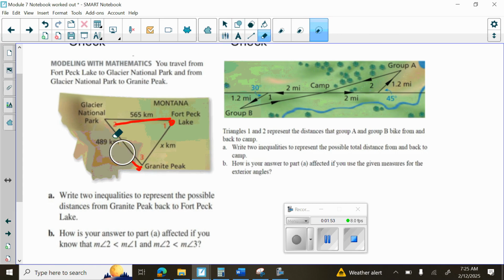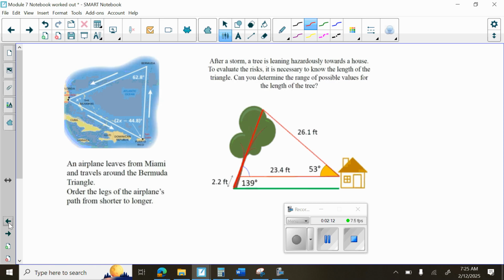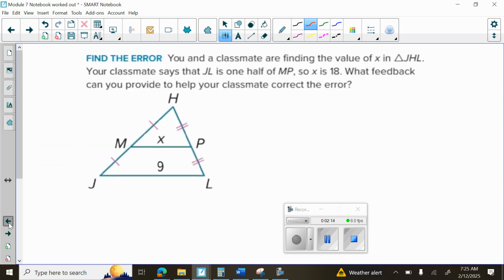Does anyone remember what type of problem this is? What are we looking for, what we're trying to find, or how we find those inequalities? No? So if we look back, let's see if I can find this.